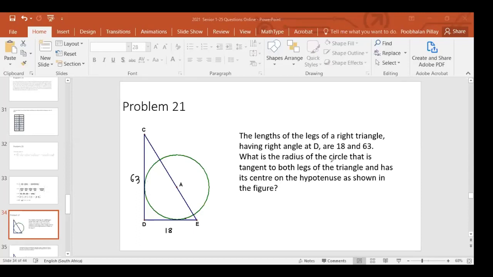What is the radius of the circle that is tangent to both legs? Oh, that's what we got. You got a circle which is tangent to both the legs, and its center is on the hypotenuse. The question is, what is the radius of the circle?